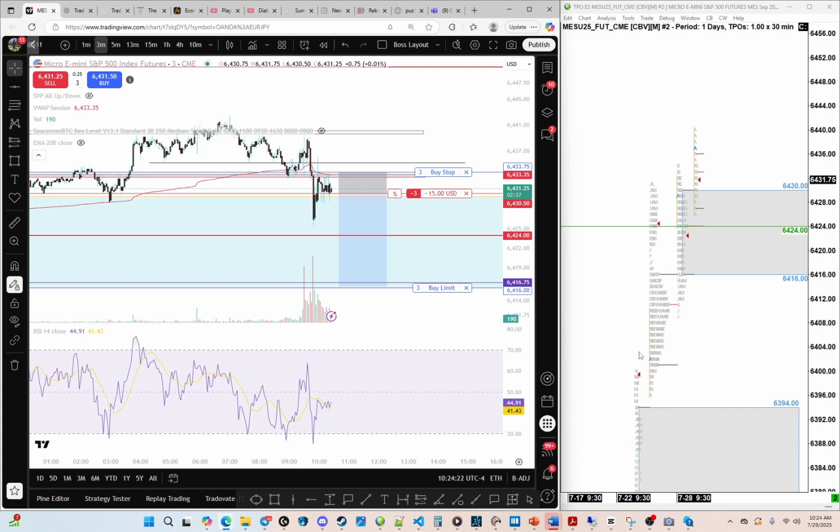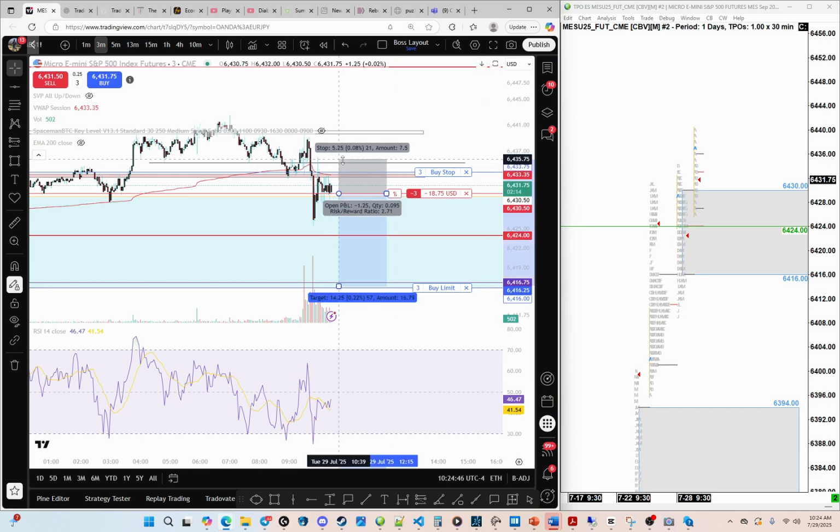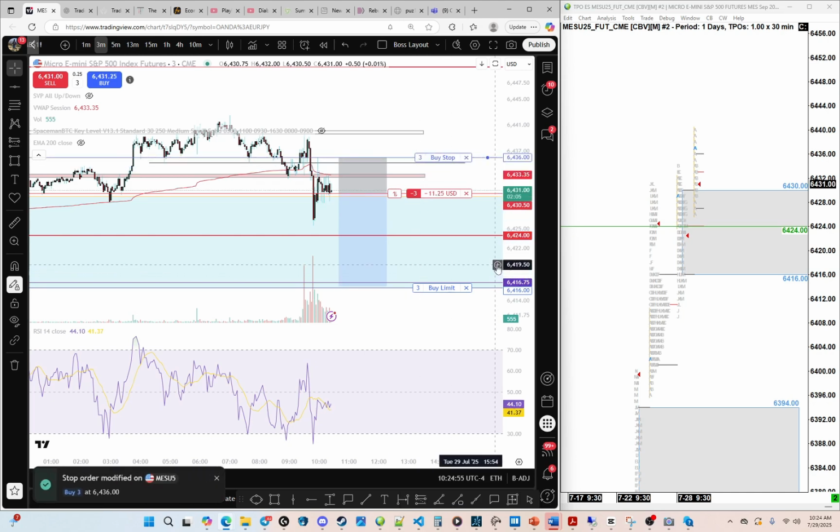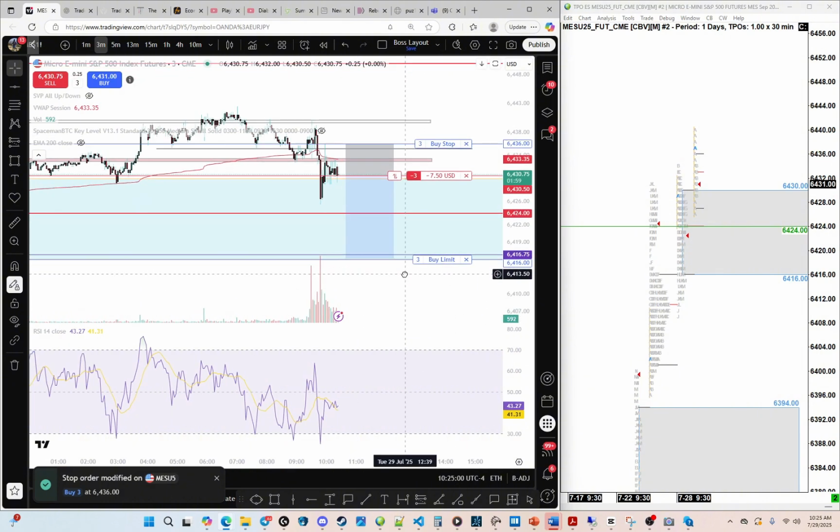Marcus tried to push and then it just slammed back down. That was crazy work on that wick. Even if I wanted to play it more safe, ideally up here would be more of an ideal stop loss. Might be the only trade I take today, to be honest. Gotta go to work.